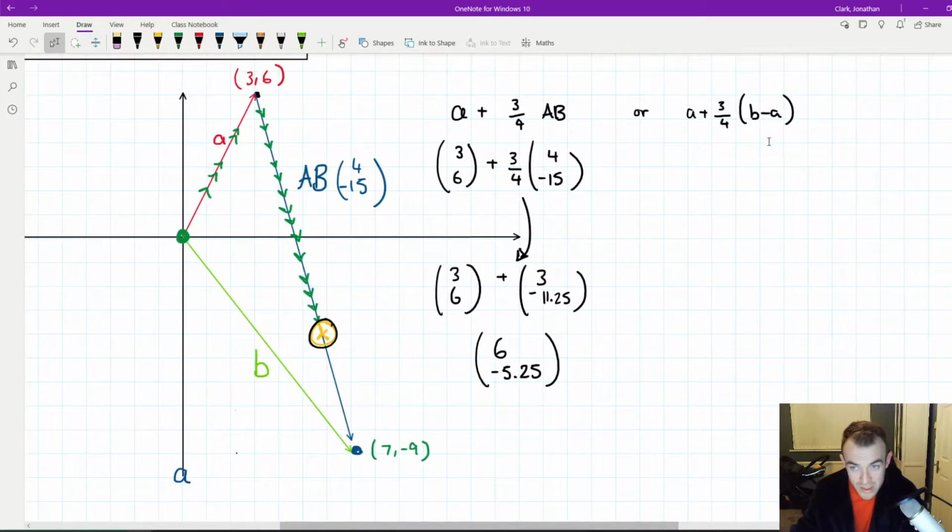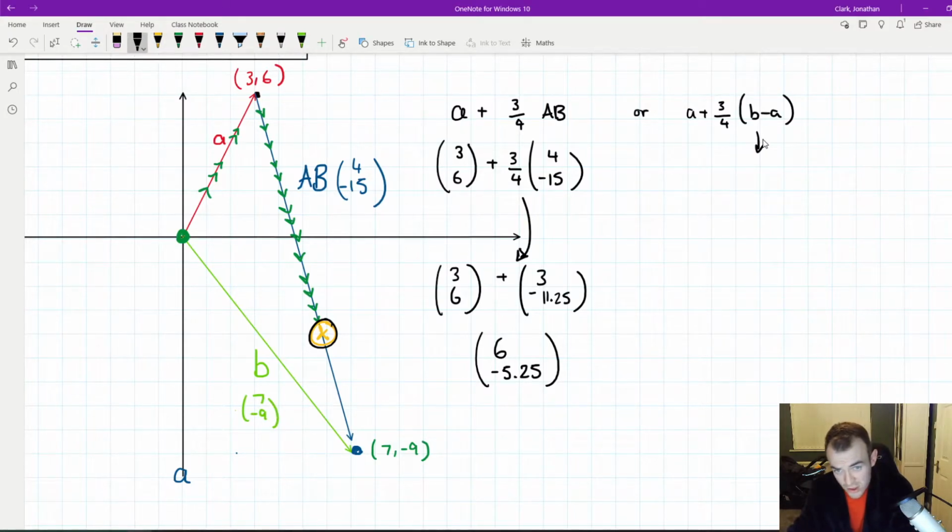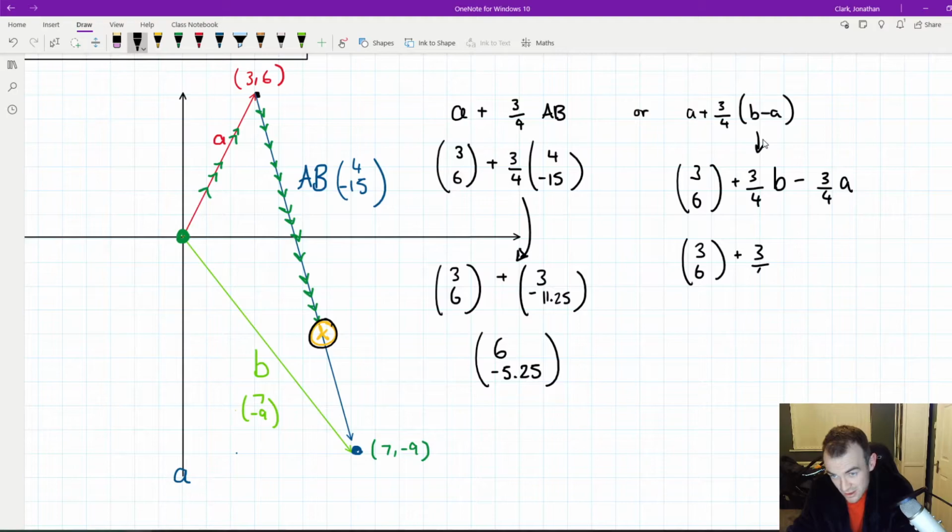If you want to split this formula up into B minus A, you can. So remember, the vector B is 7 across and 9 down. Let me expand that first, actually. So here's the vector A. Here's the vector B. Here's the vector A again.